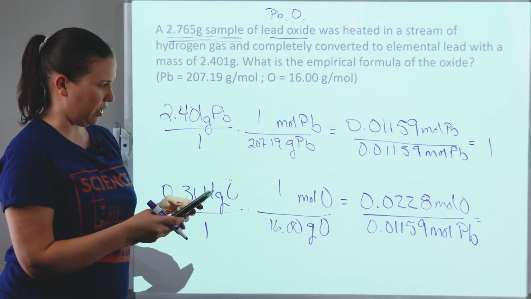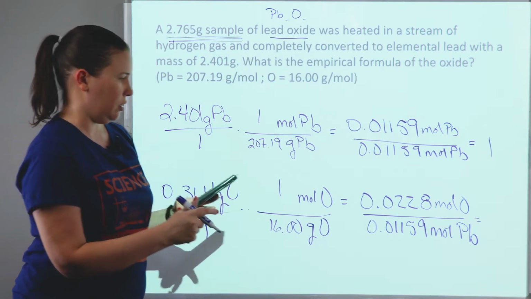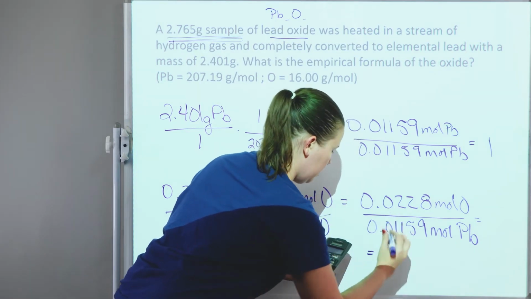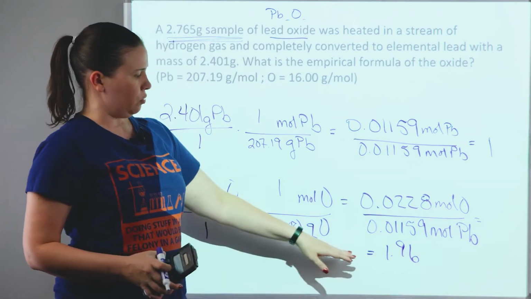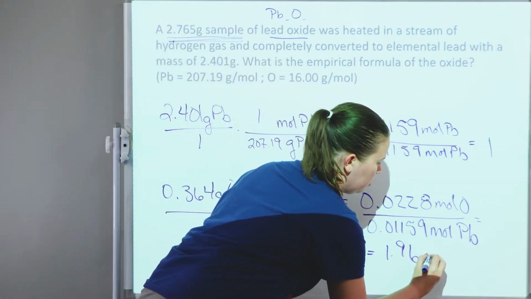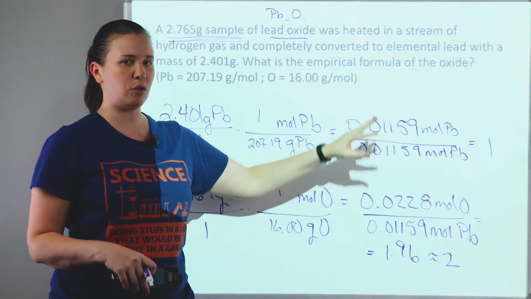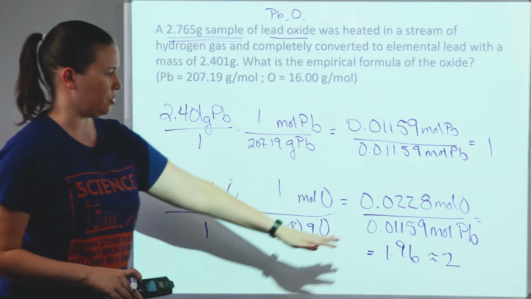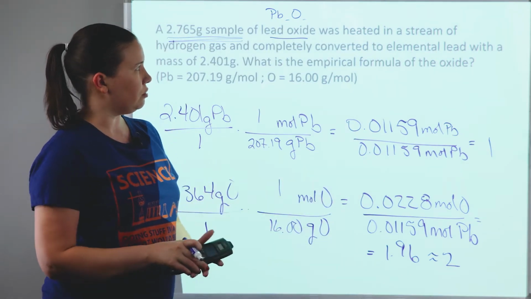I'm going to hit divided by 0.01159, and I'm going to stick with the 3 sig figs, 1.96, which is close enough. You want to be within a tenth to round to 2. This shows that I have just about twice as many moles of oxygen as lead, which is why I wasn't super worried about the precision of our significant figures. So I have twice as much oxygen as I do lead.